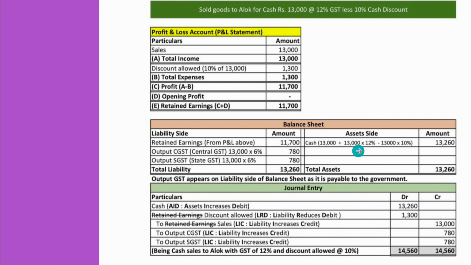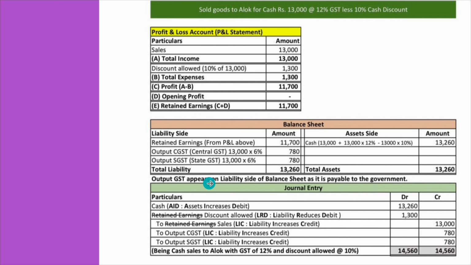Now this 13,000 into 12% amount is payable to the government in the form of output CGST and output SGST. So 13,000 into 6% is 780 in both places. So total liability is 13,260 and total asset is 13,260, and thus our balance sheet tallies.